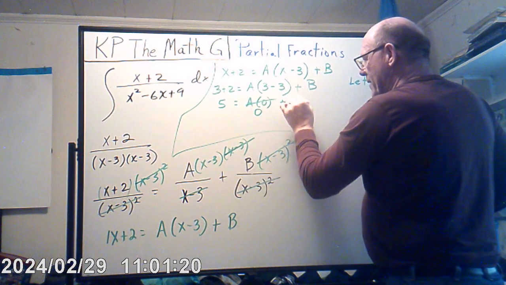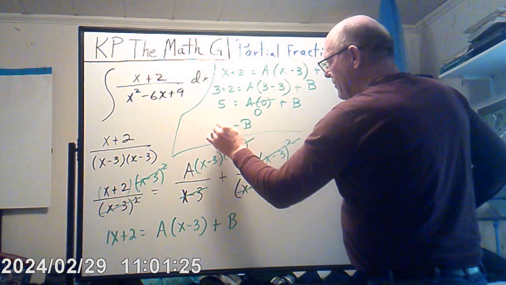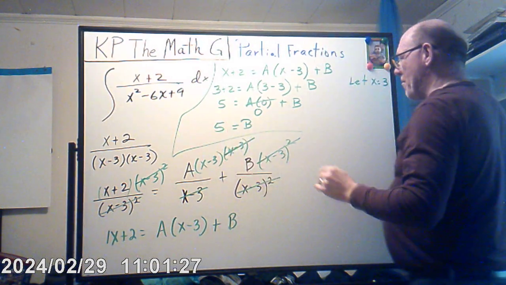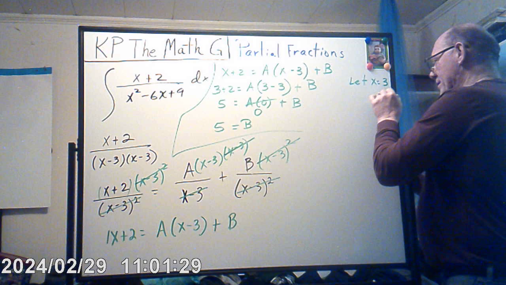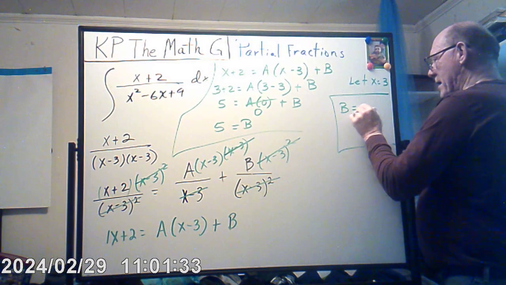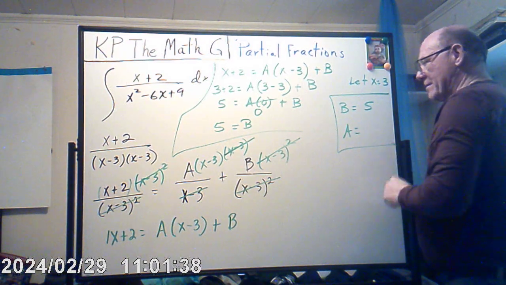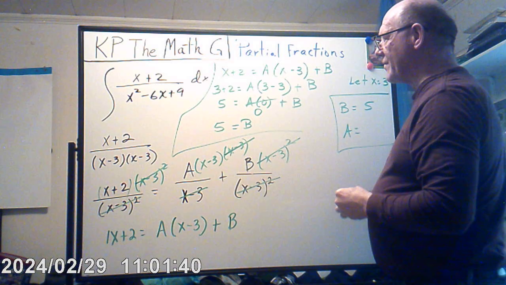And then this is b. So b obviously equals 5. Somewhere over here I'm going to say b equals 5.